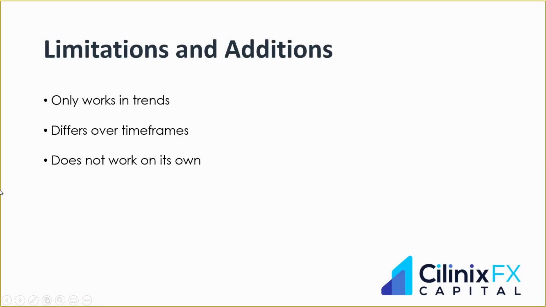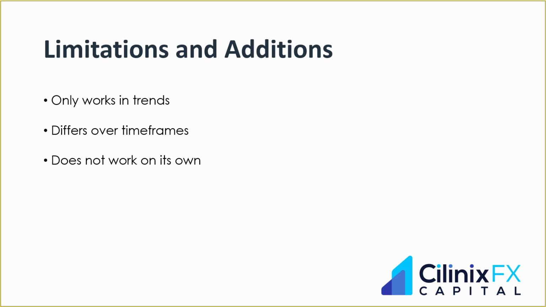So I think it is necessary to talk about the limitations and some additions as well, to give you a full view of the MACD and how it works and how you can use it. So the first one is that in general the MACD only works in trends. Same kind of goes for moving averages.